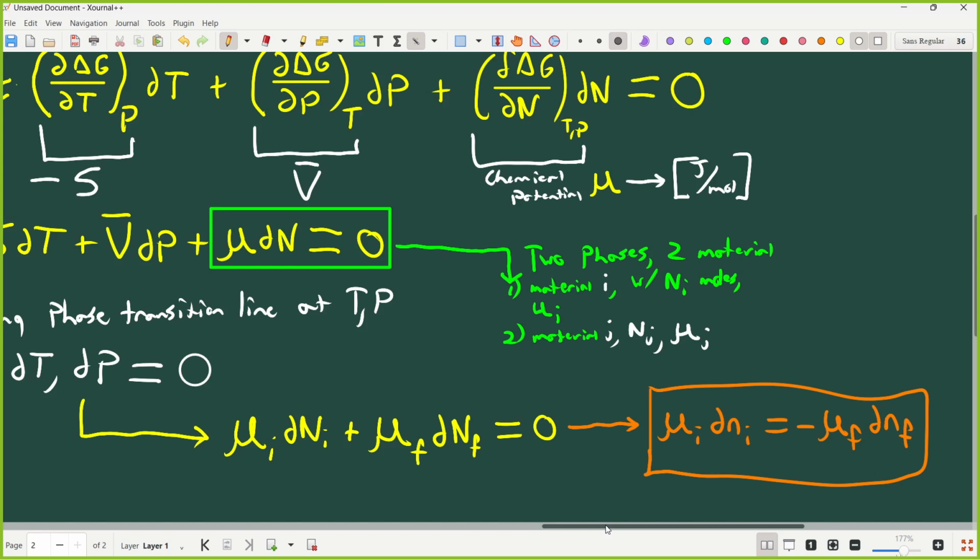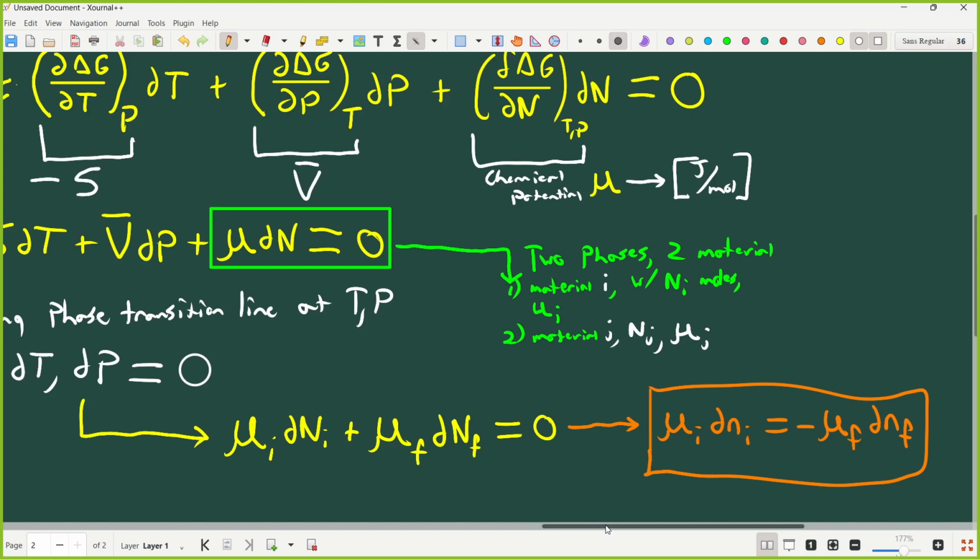So for instance, if it costs $1 to remove a molecule of liquid, and it costs $2 to remove a molecule of gas, then that means if I move one molecule of liquid over to the gas, then the gas is only going to return half a molecule back because it costs twice as much.